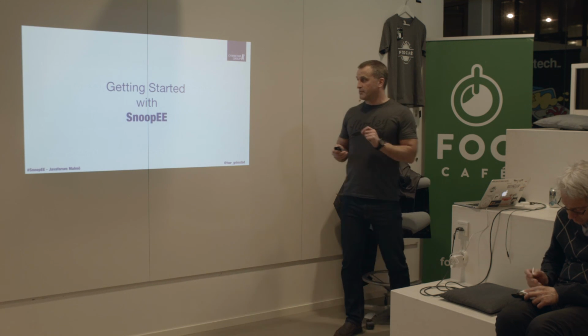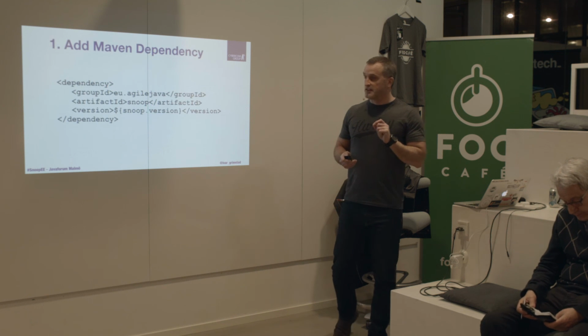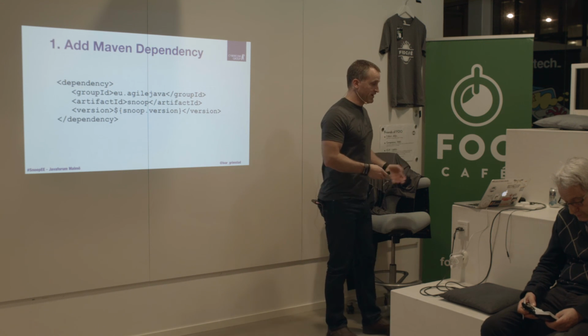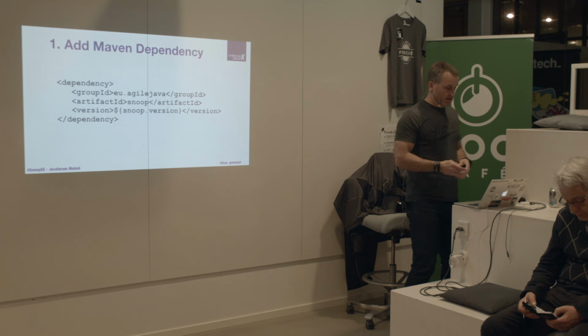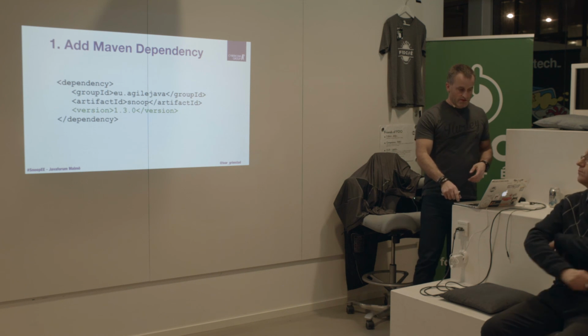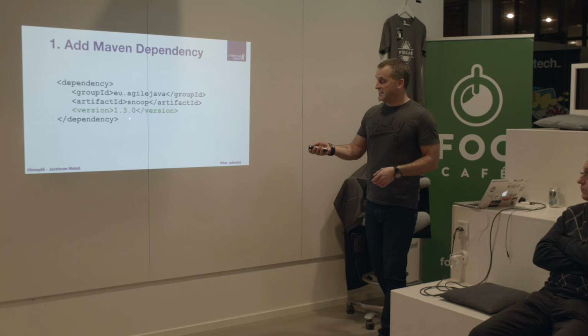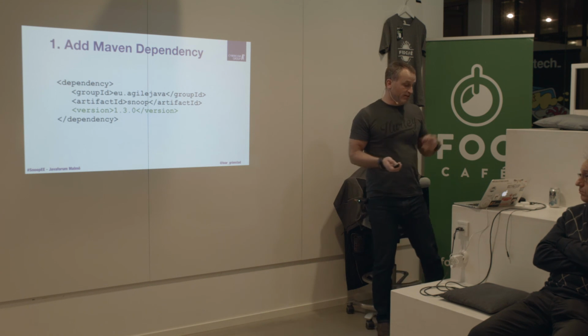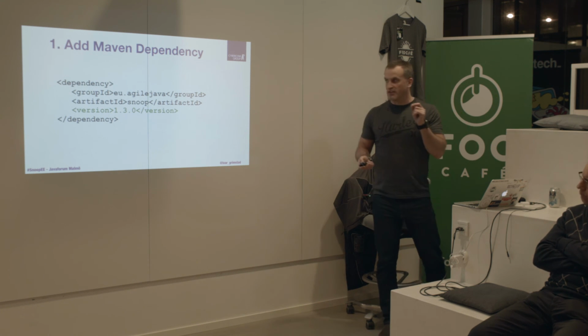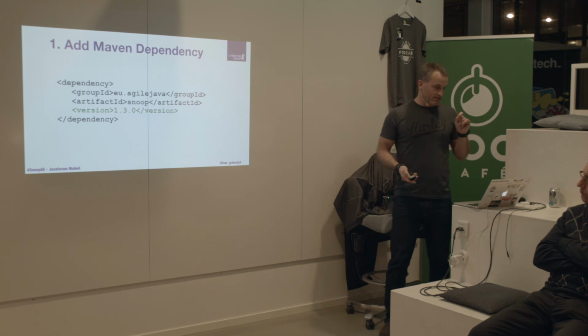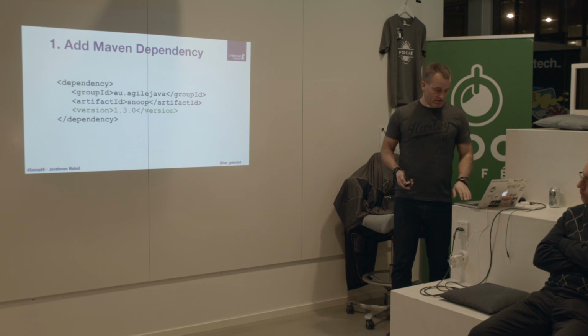So if you want to get started with SnoopEE, what you do is first you just have to add a Maven dependency. Currently it's version 1.3.0, I think it's the released one. I think I have a 1.3.2 actually that is released, and it's 1.3.3 snapshot up there.